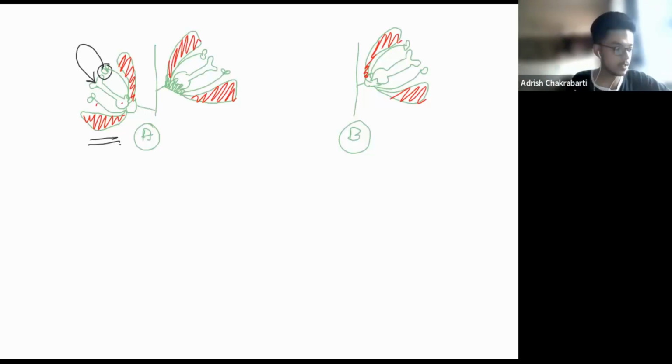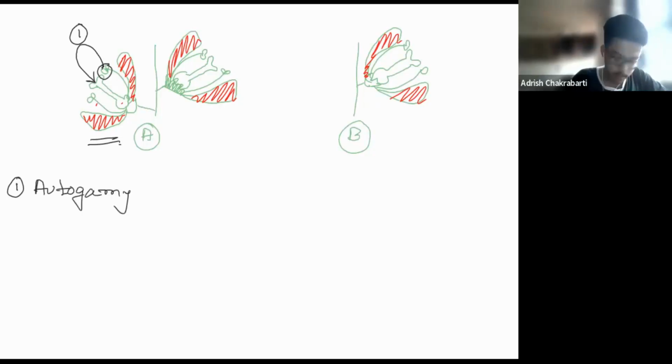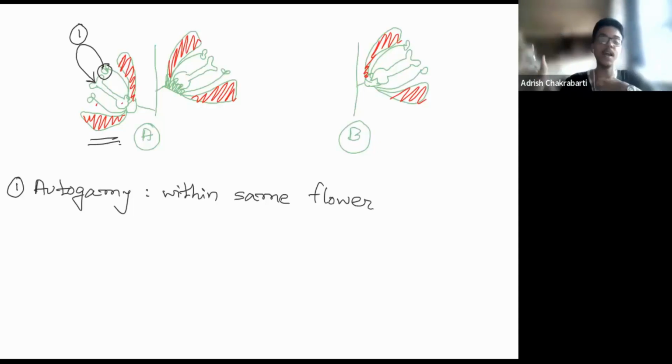This is known as autogamy. Let me mark it as 1. This is autogamy. So what is autogamy? That is within the same flower. I'm writing it in short: the transfer of pollen grains from anther to stigma within the same flower of the same plant. Okay, so it is a type of self-pollination.